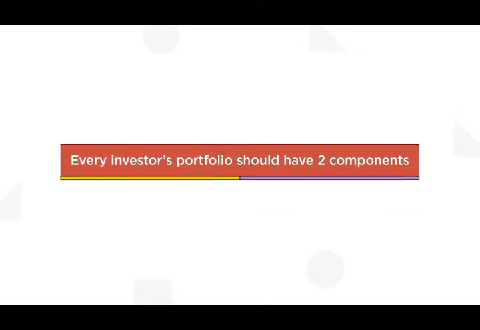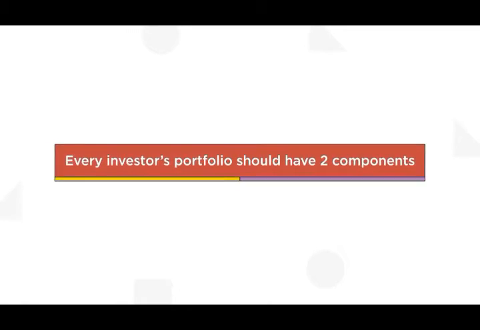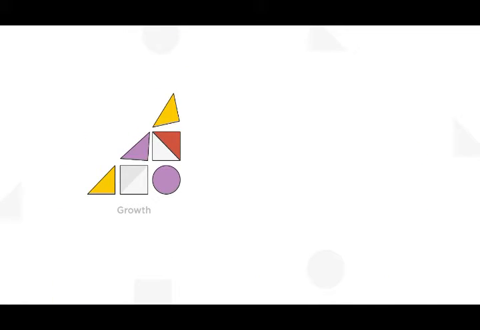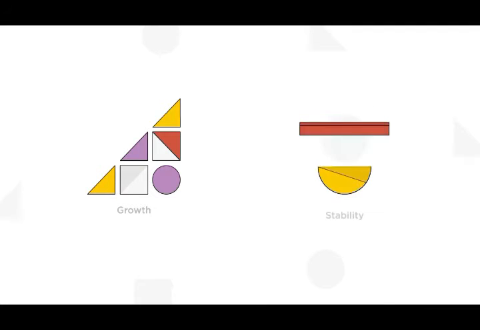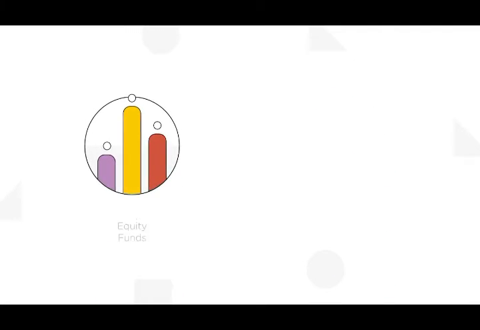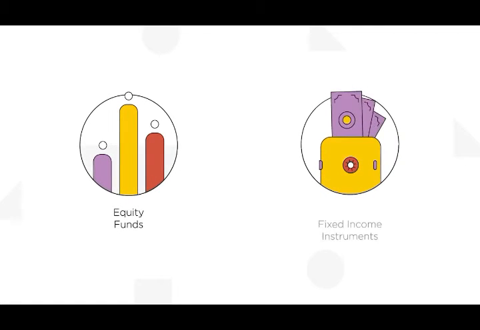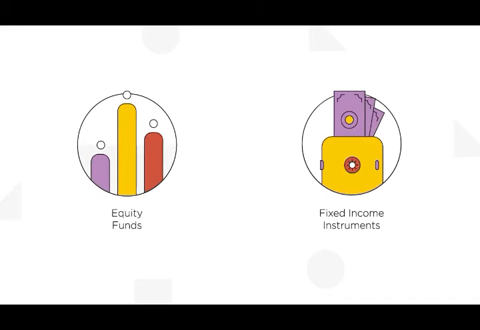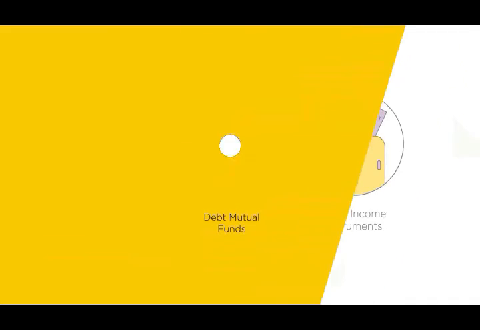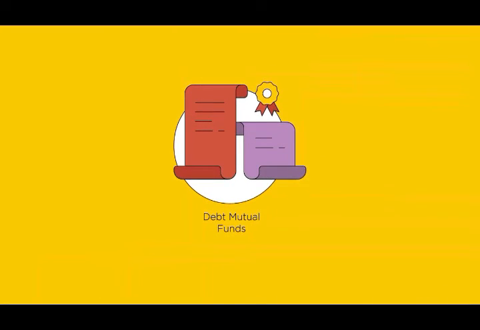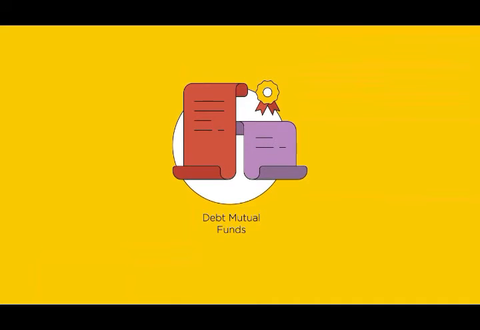Every investor's portfolio should have 2 components. One that contributes to the growth of the portfolio, while the second that provides its stability. While growth of the portfolio is contributed by investing in equity funds, stability is traditionally provided by investing in fixed income instruments like fixed deposits. Debt mutual funds can be an alternative to the fixed deposit needs of investors.